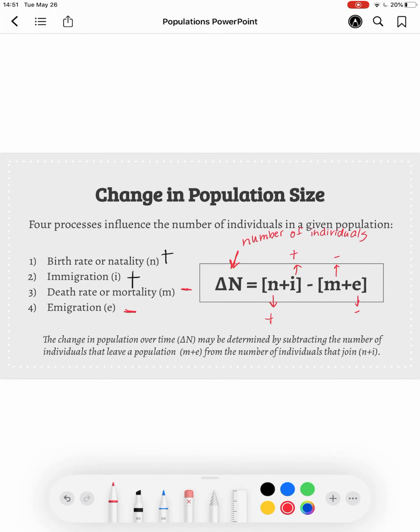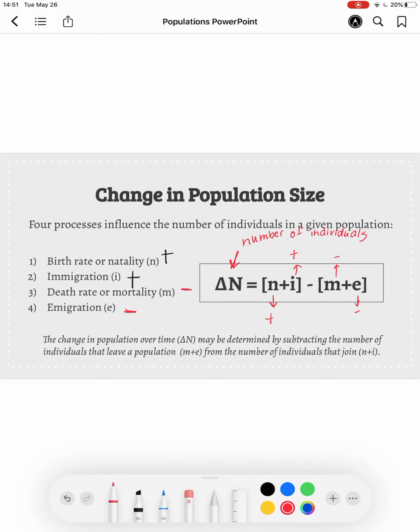Delta means change. So the change in the number of individuals in a population is equal to all of the births and the immigrants minus all of the deaths and the emigrants. I have faith that you'll be able to do it if you have an example, but let me know if you need any help.